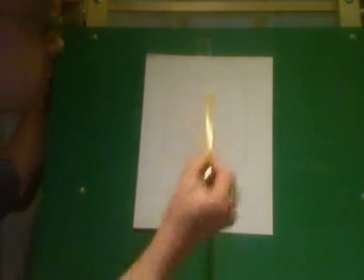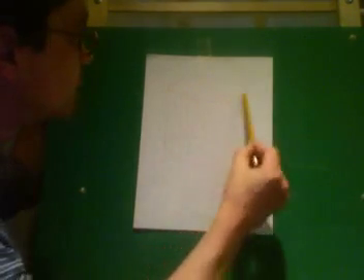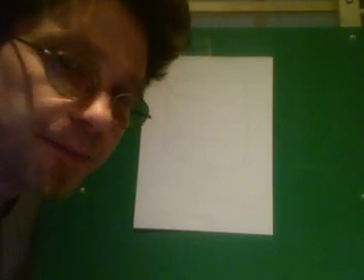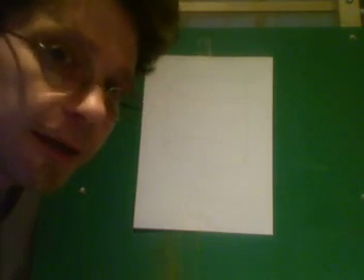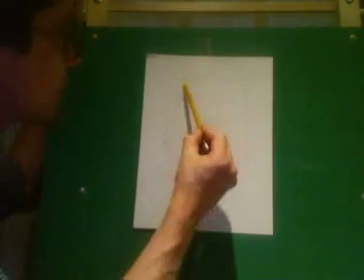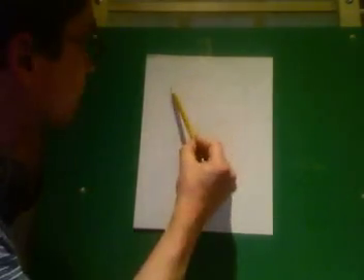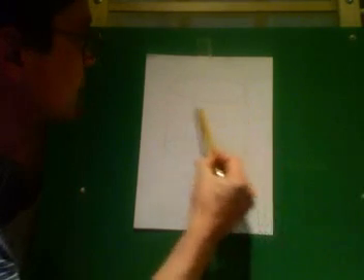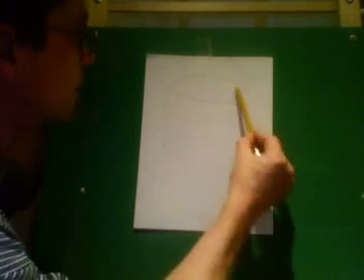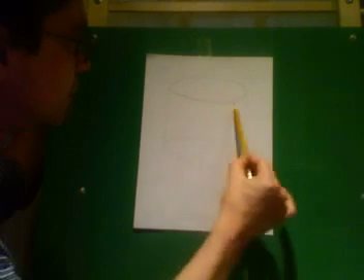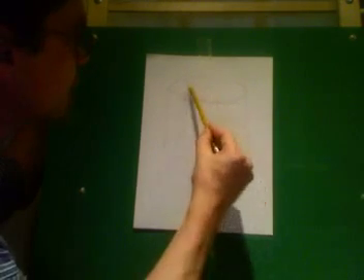Once I have that can shape, as I do here, I'm going to change the weight of the line, just like we did with the can in the earlier art lessons. I'm going to rock back and forth and get shorter and shorter until the front of it gets darker.